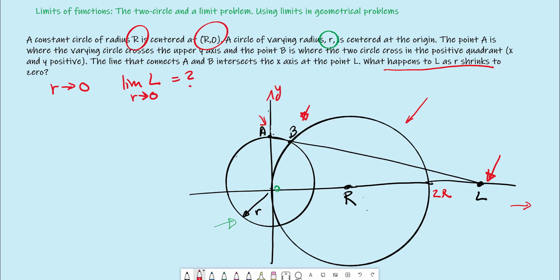What does that equal? I'll start off by saying that, counterintuitively, it actually will not go to infinity. We will find that it actually has a finite limit. But in order to do so, we have to do a little bit of math to see what L is as a function of r, and then take the limit.